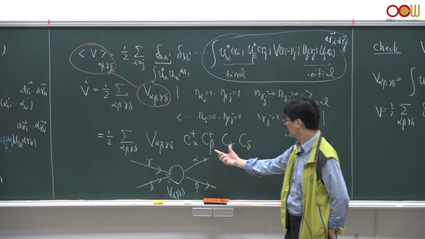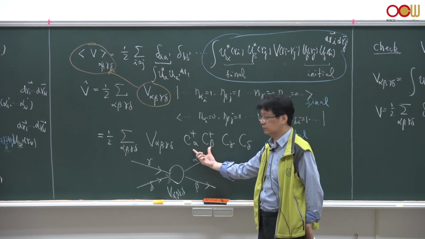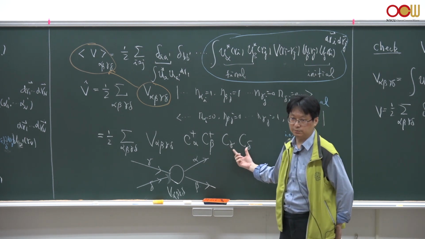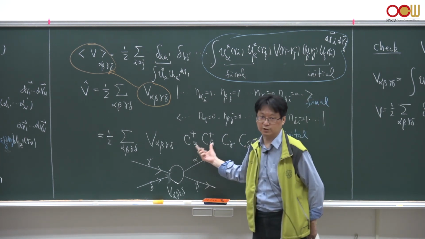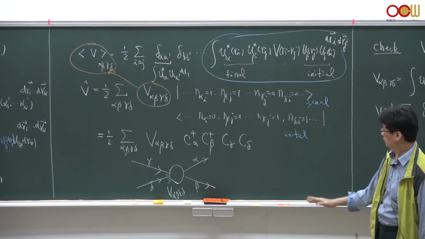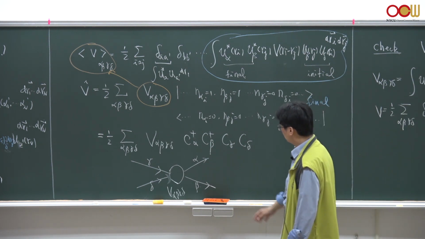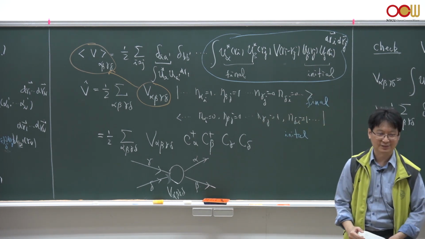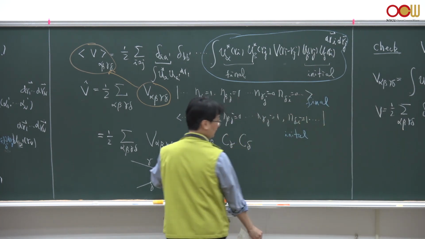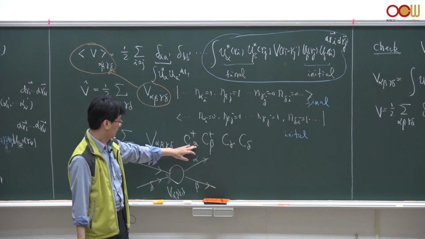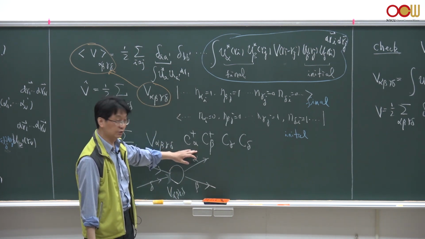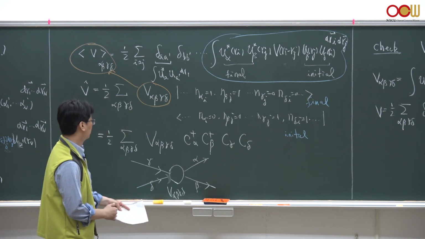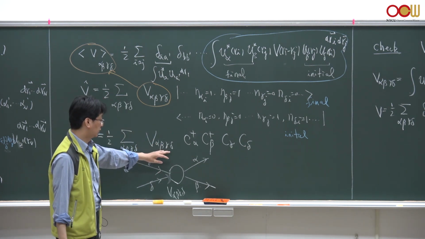Right? So it involves four operators, two daggers and two non-daggers. The two non-daggers are destruction operators, and the two daggers are creation operators. Everything is really the same as for a single particle operator, except that now we have double the number of operators. So it becomes messy. And in most cases, we cannot solve the eigenvalue equation for this two-particle interaction operator exactly.